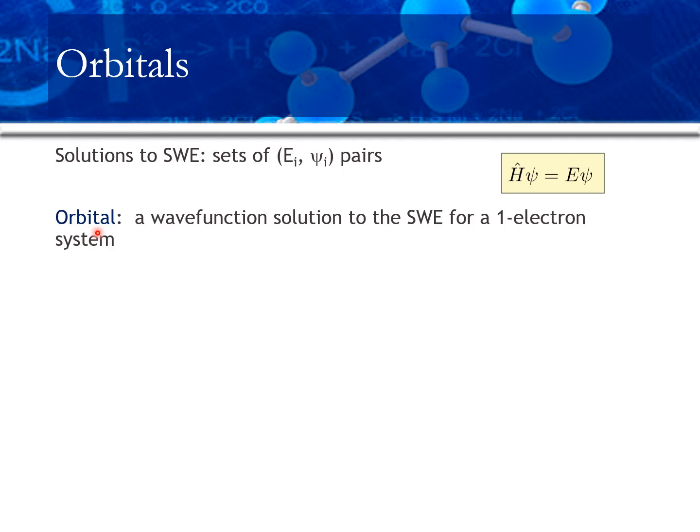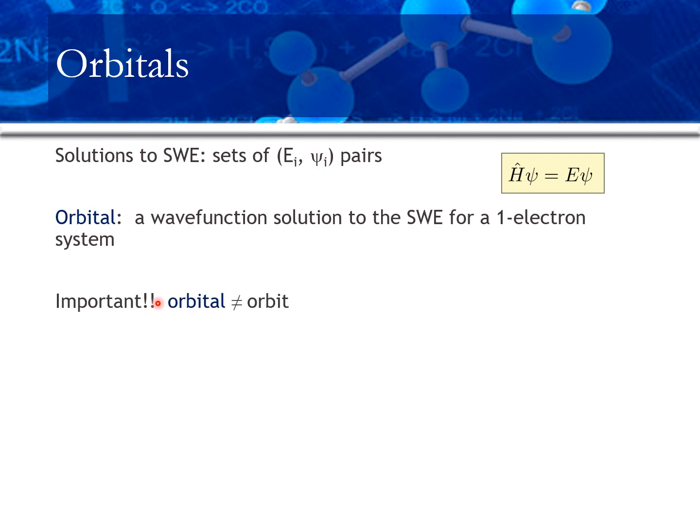We call those wave functions that solve the Schrödinger wave equation for a one-electron system orbitals. That's what we mean by orbital: the wave function that solves the Schrödinger wave equation for a one-electron system.